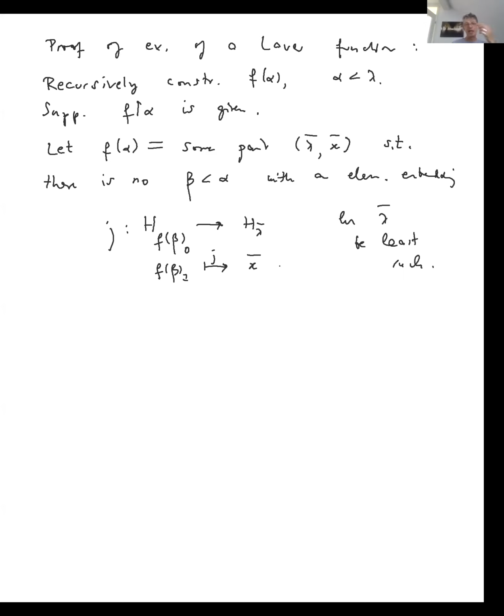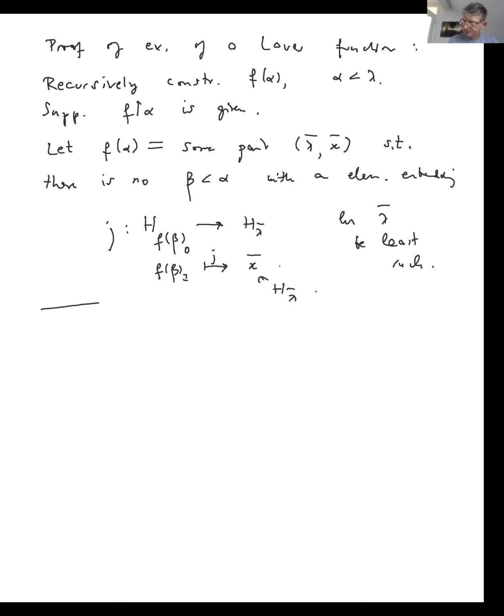Okay, so when I define f of alpha, I wonder if there is a pair lambda bar x bar so that I don't have a beta less than alpha with this situation. Okay, and then I pick the least lambda bar and I pick some x bar. The x bar needs to be an element of H lambda bar, so that there is no such situation. Notice that f of beta, because beta is less than alpha, all these things are defined, so I can ask this question, right? Okay, so this ends the definition, and now you just have to see that it works.